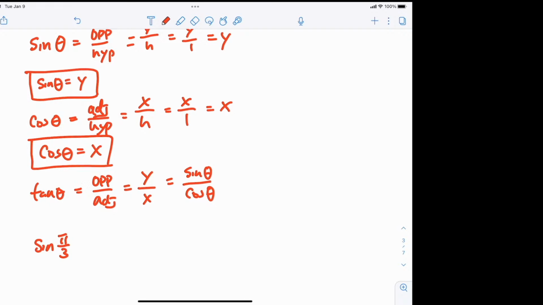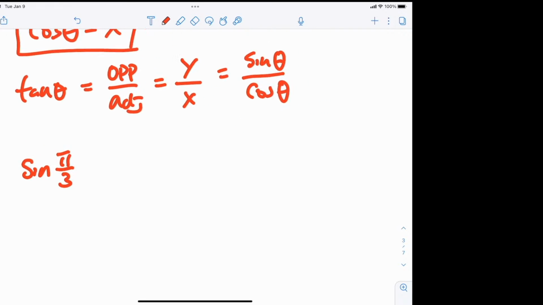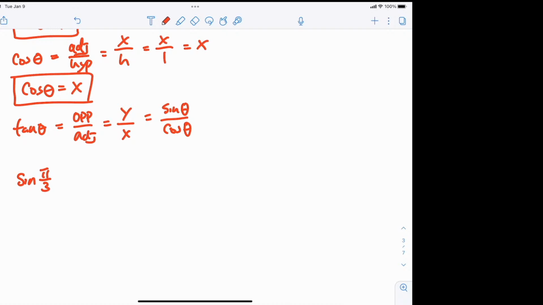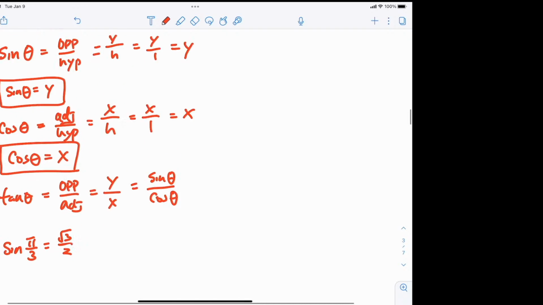Let's just say, what is sine of pi over 3? That just means, what is the y value when the angle is exactly pi over 3? So Rebob, what do you think sine of pi over 3 is? Radical 3 over 2. That's perfect. How did he know it's radical 3 over 2?